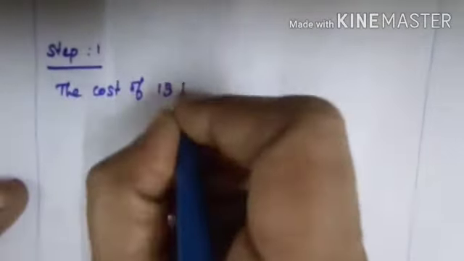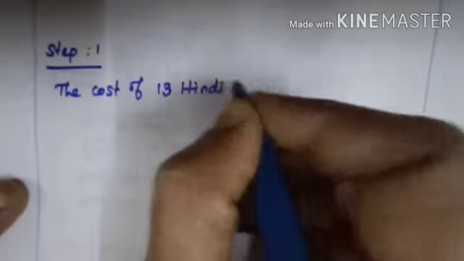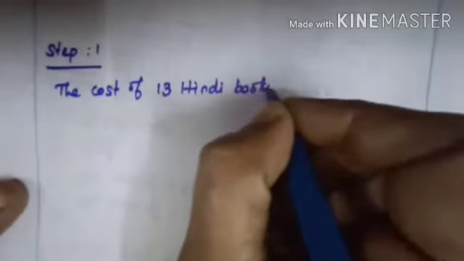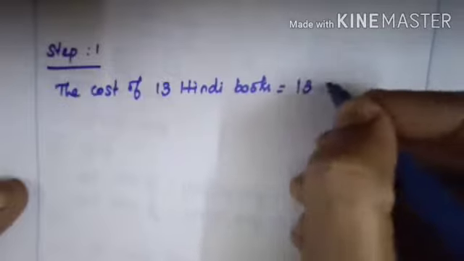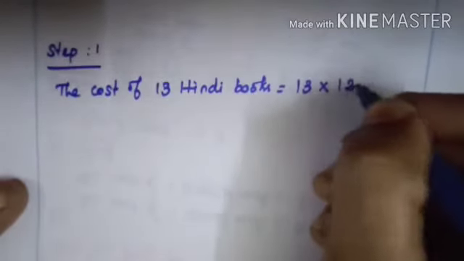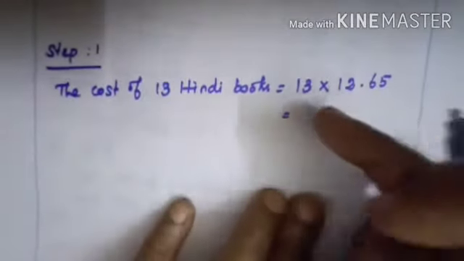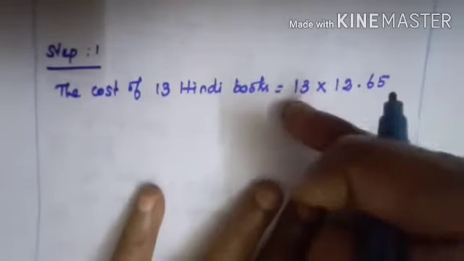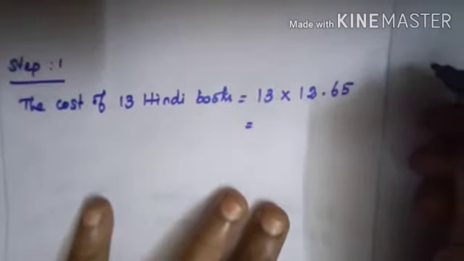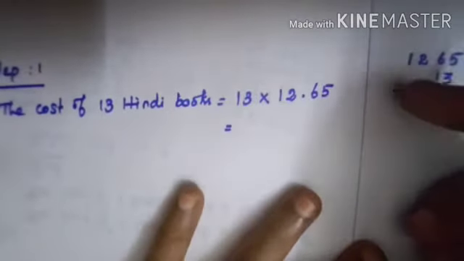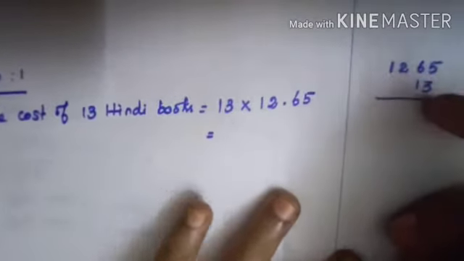Step 1. The cost of 13 Hindi books is equal to 13 into 12.65. Multiply these two numbers in your rough column. 1265 into 13.